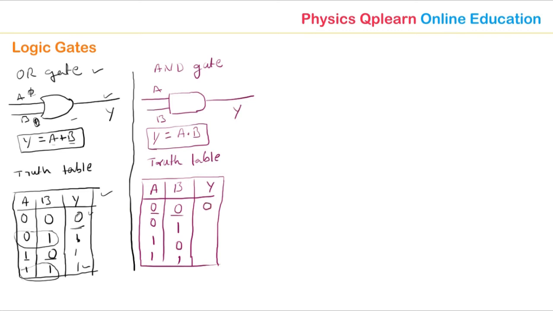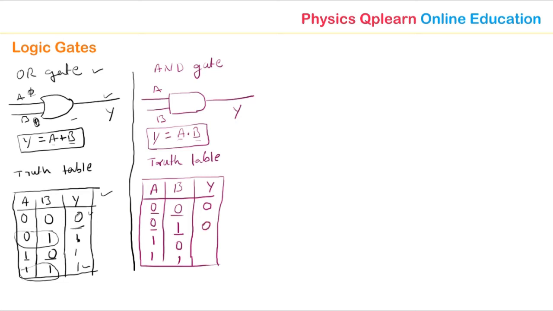Clear? And according to the formula also, once you check it, Y is equal to A dot B. A is 0, B is 0, 0 into 0 is 0, because this is multiplicative. The OR gate was additive, addition; here it is multiplication. Next, A is low, B is high, or A is 0, B is 1. What will be the output? 0 into 1 is again 0.